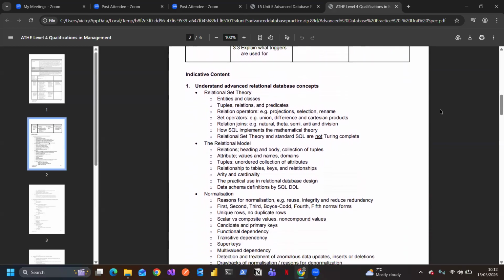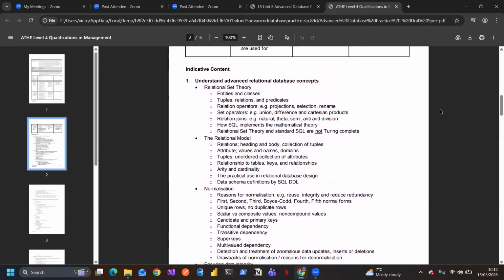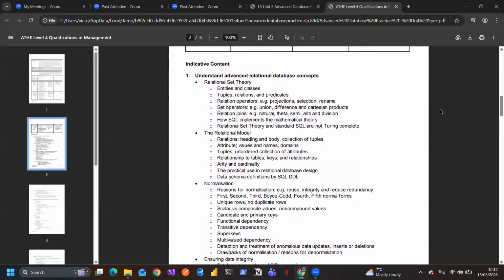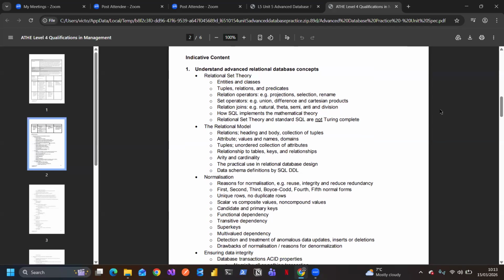This unit has a lot of indicative content, which are concepts that the learner should be aware of and be able to implement for the assignment.